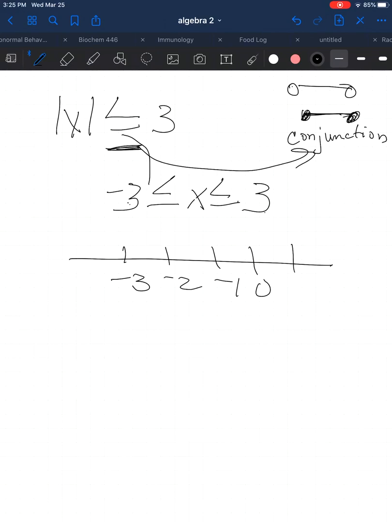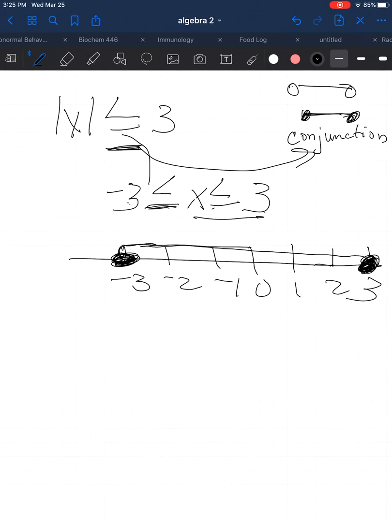So what kind of a dot do I put on negative 3? If it's equal, it's a solid dot. Okay, greater than, that's coming this direction. And then less than or equal to a positive 3, so it's equal also, so it's a closed dot. And the numbers less than 3 are going to come this way. So we just draw the line until they meet.